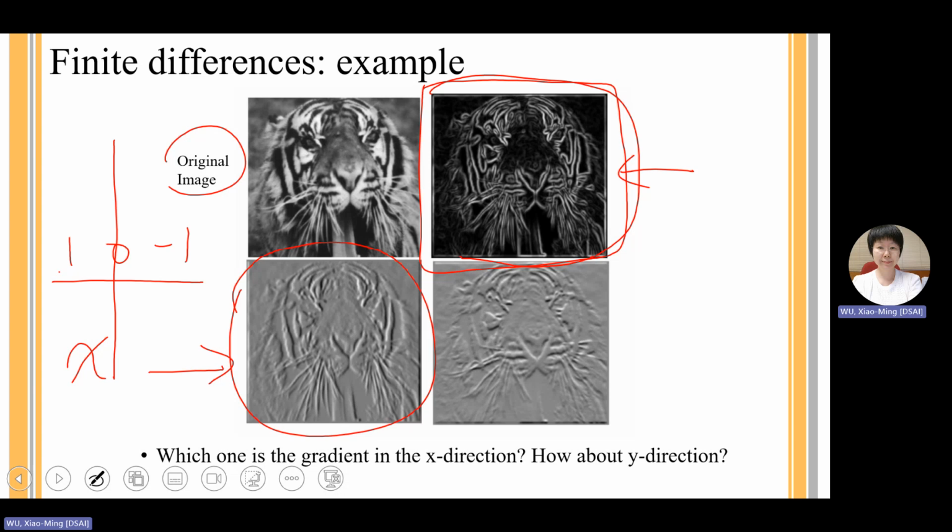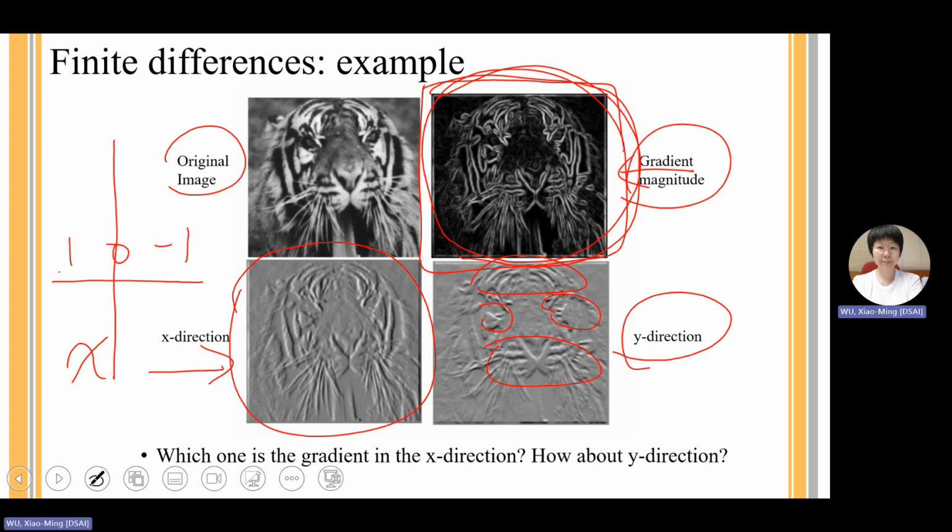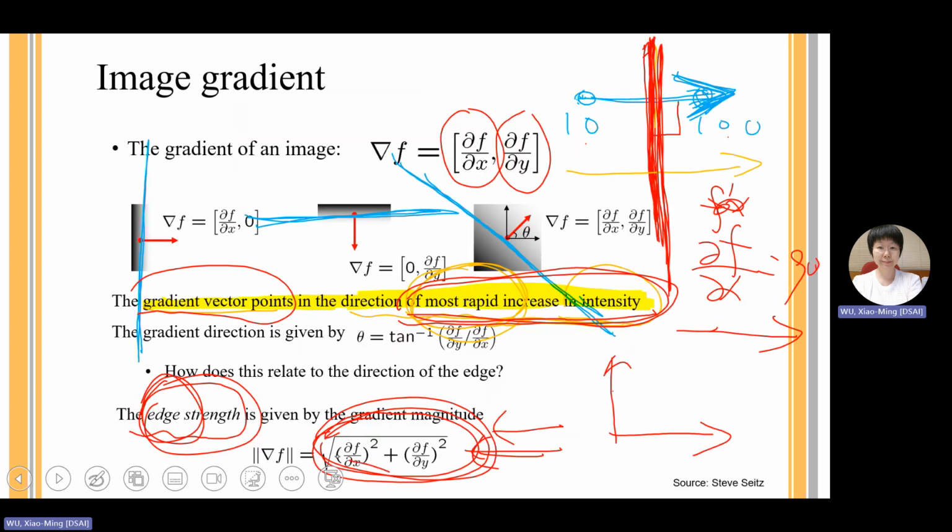And similarly, you can see the horizontal edges are present within this image. Therefore, this has to be the result of the y derivative. And this is the result of the gradient magnitude map. This image is computed from this one and this one.